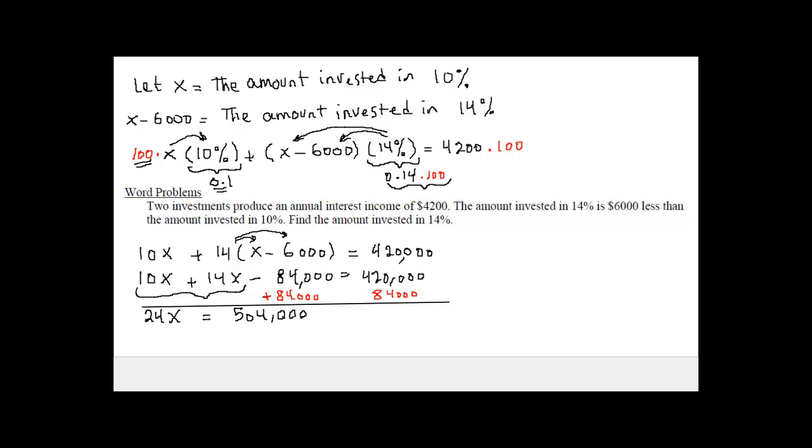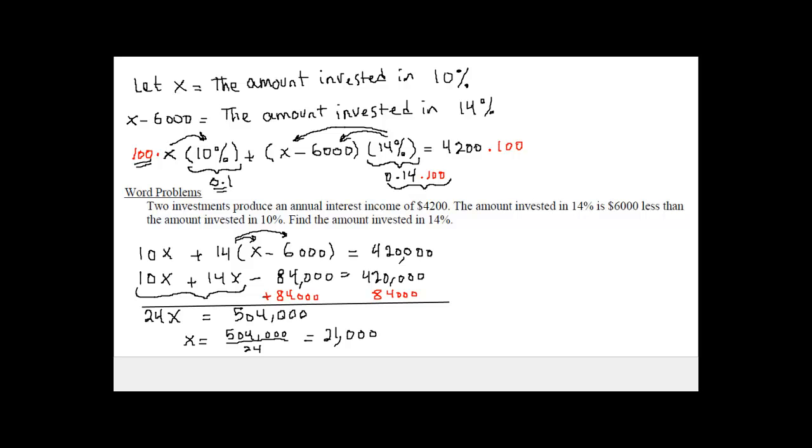So can somebody tell me what this x is equal to? $210,000. Right, so we divide 24 into this number. That would give me 15,000? 15,000. Oh, sorry, 21,000. 21,000, yeah. Just divide 24 into this number, get 21,000.